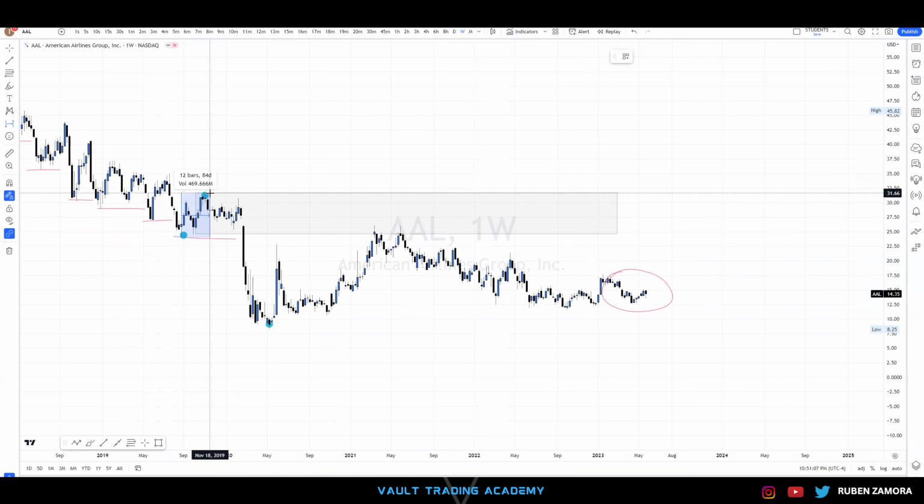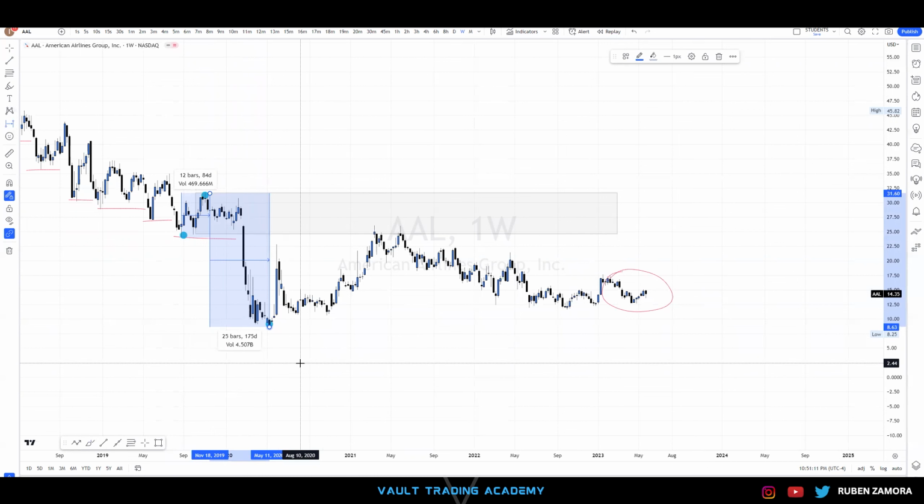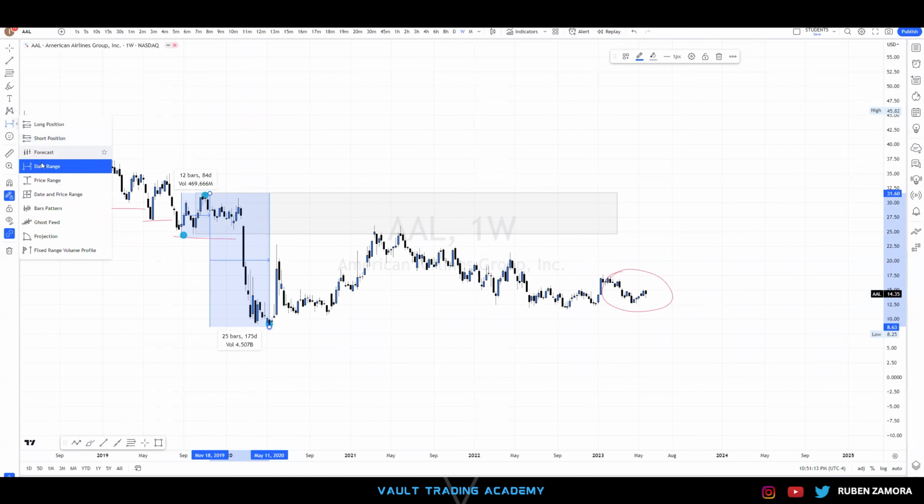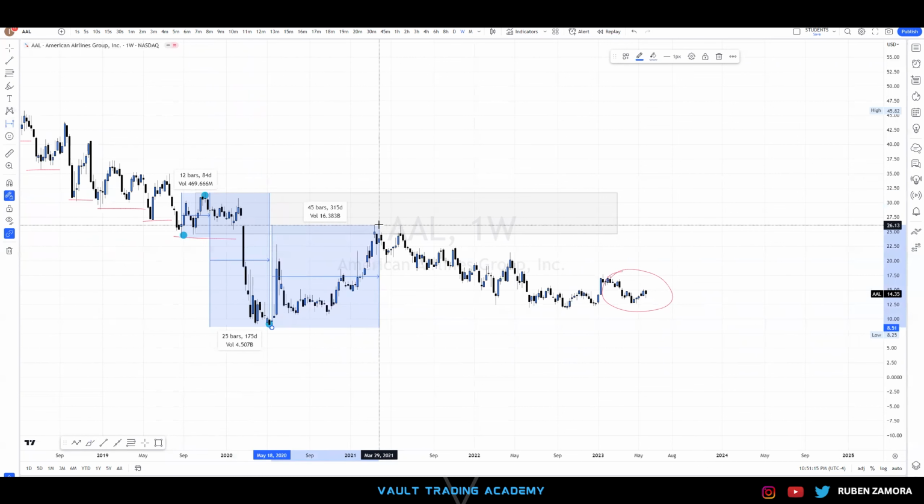From this high to this low, that was 175 days. And from this low to this retracement into that supply zone, that was 315 days, right? Let's be exact: 301 the first time it hit, but it had a bigger consolidation, so it was 379 days until price just chose its downward move.